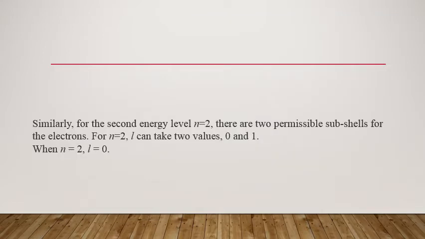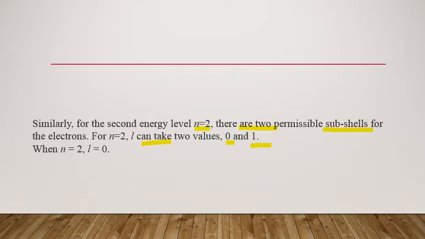Similarly, for the second energy level, n equals 2, there are two permissible subshells for the electrons, that is, the l value can be 0, that is s, and 1, that is p. So Sommerfeld gave the concept of the subshells or the suborbits.